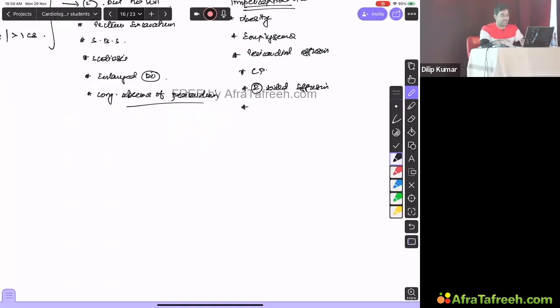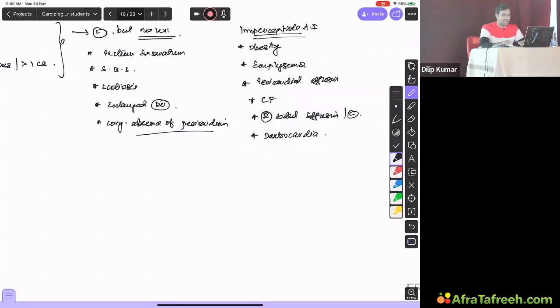And then you have dextrocardia, where the apical impulse will be on the right side and not on the left side. So it may be completely imperceptible. And even left-sided pleural effusions may make the apical impulse imperceptible because the heart will be pushed to the right side. Not like dextrocardia, of course, but the heart will be pushed laterally more towards the right side. So these are some of the important causes of imperceptible apical impulse.